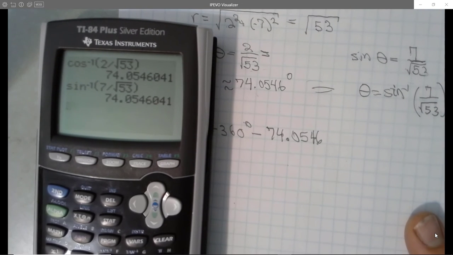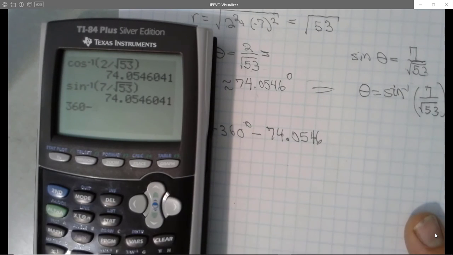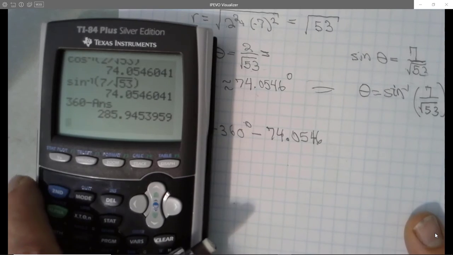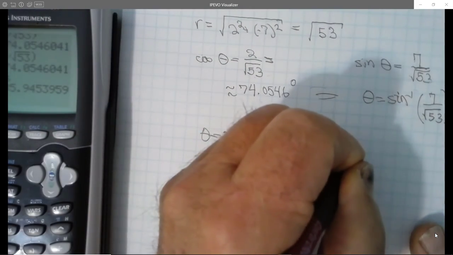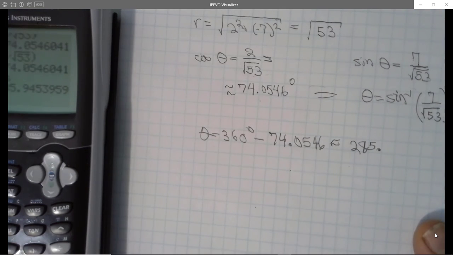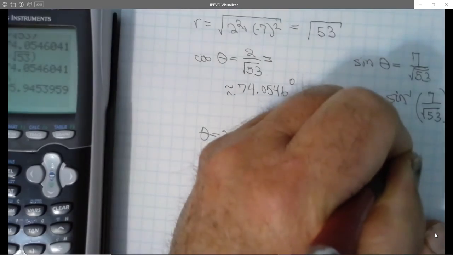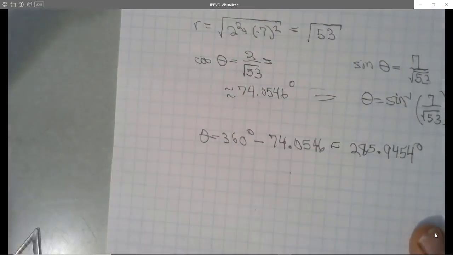And our calculator can do that for us. We have 360 minus, well, I've got it stored in memory, so let's just pop it in there. 285.9454. And that's degrees.